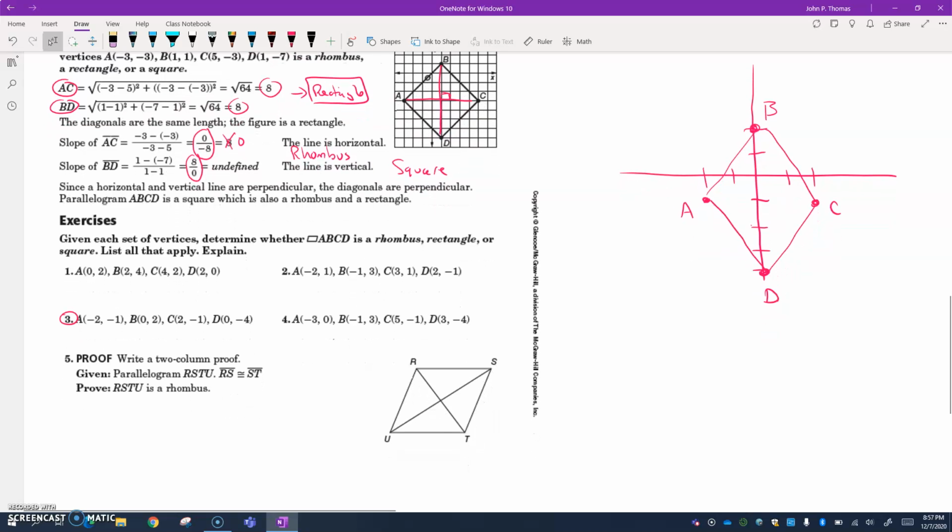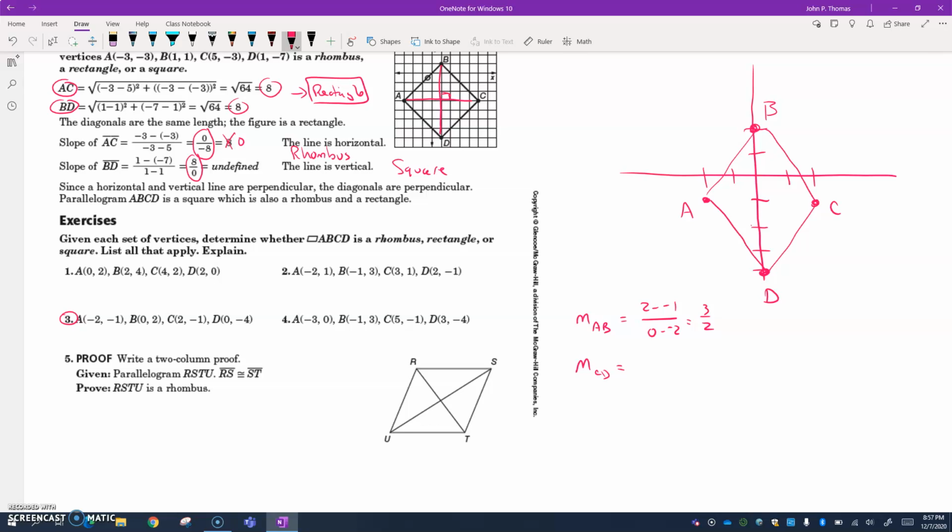For me, the first thing, just like the last problem, is to find all the slopes. So the slope of AB is going to be 2 minus -1 over 0 minus -2, which is going to be 3 over 2, or 3/2. Now I'm going to go to the slope of CD, because I want that opposite side.